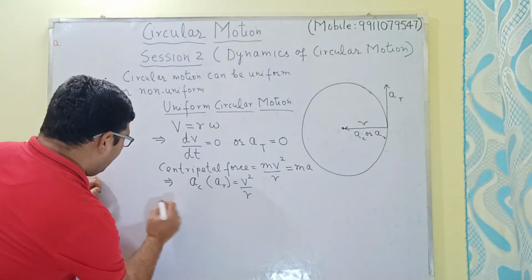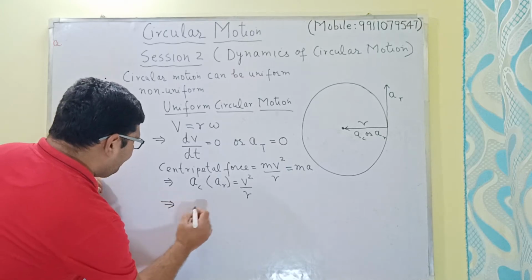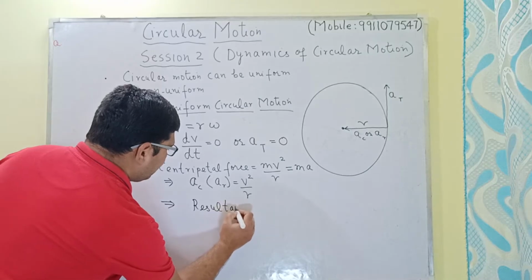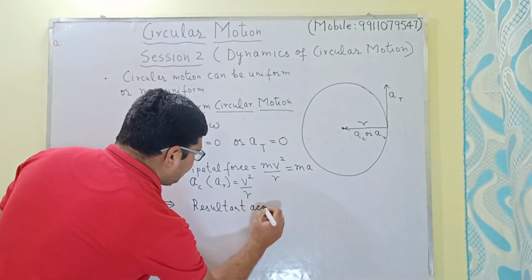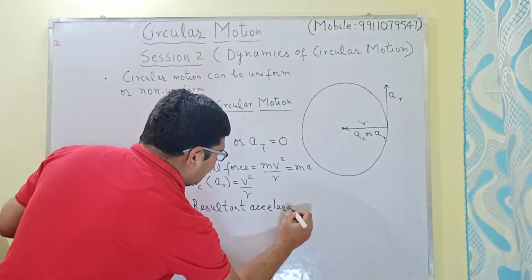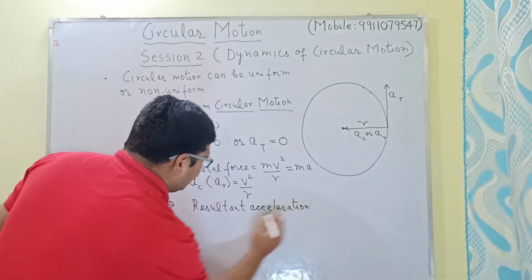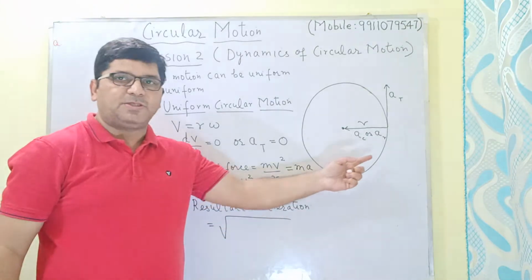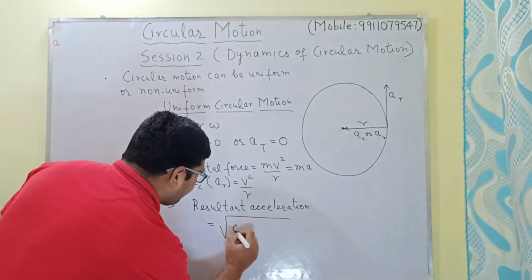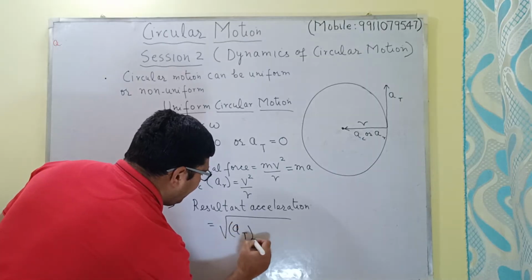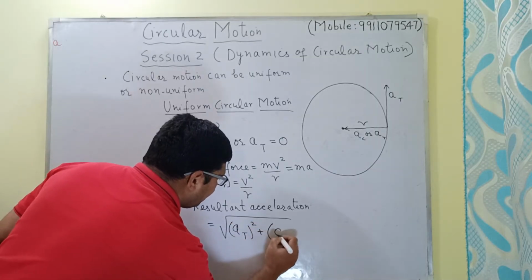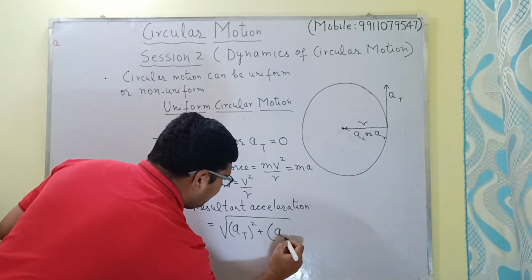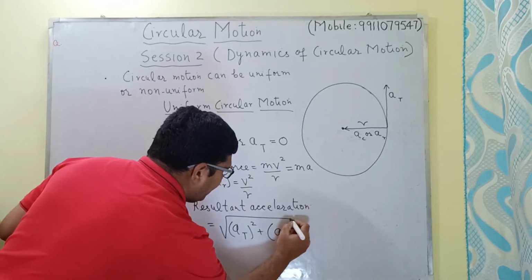So it implies that the resultant acceleration in the case of a uniform motion is equal to the square root of at square plus AC or AR square.